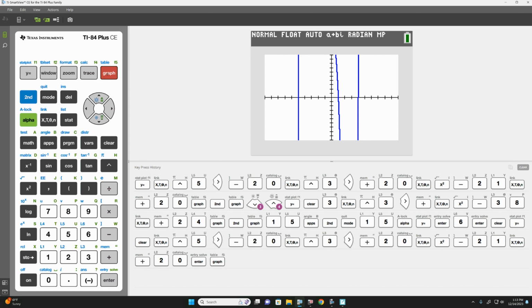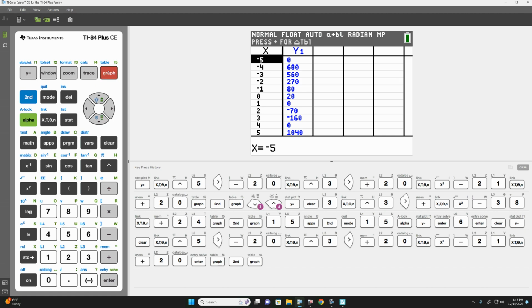So that means that there are 3 solutions that we see here between -10 and 10. Now it does look like every single one crosses at a nice point. So we can go second graph. And we do find 3 values for x which make the y value 0. And they are 1, 4, and -5.